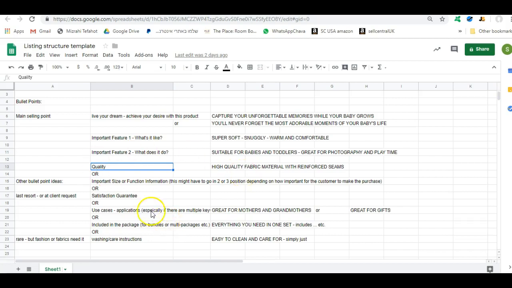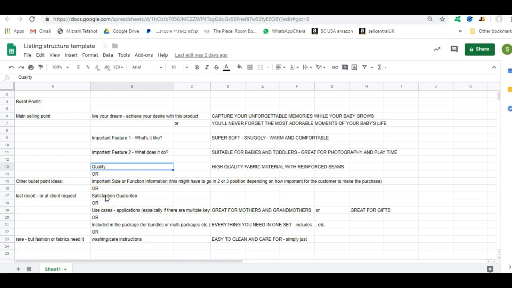So that would be, or function information, especially if you have a technical product and you need them to know it's compatible with the XYZ product, or it's batteries included. I don't know if that would be a good thing to use up a bullet point for, but you get the idea.